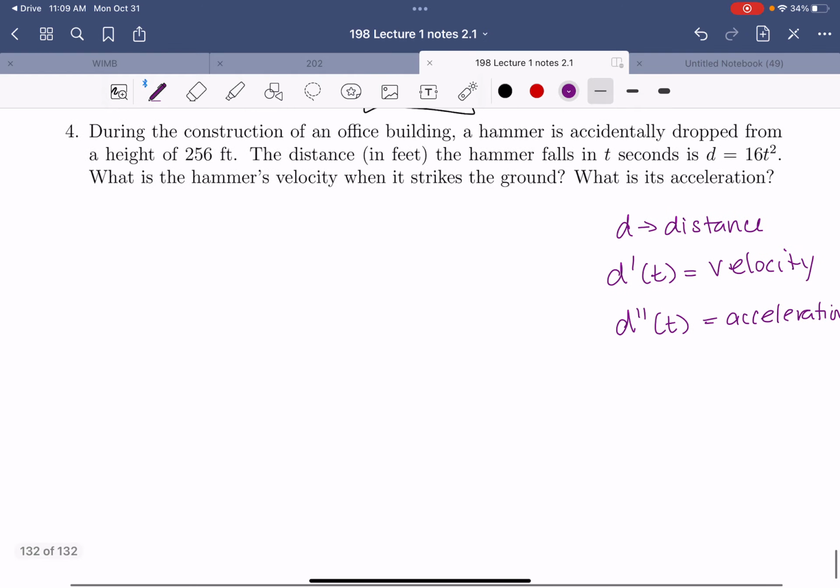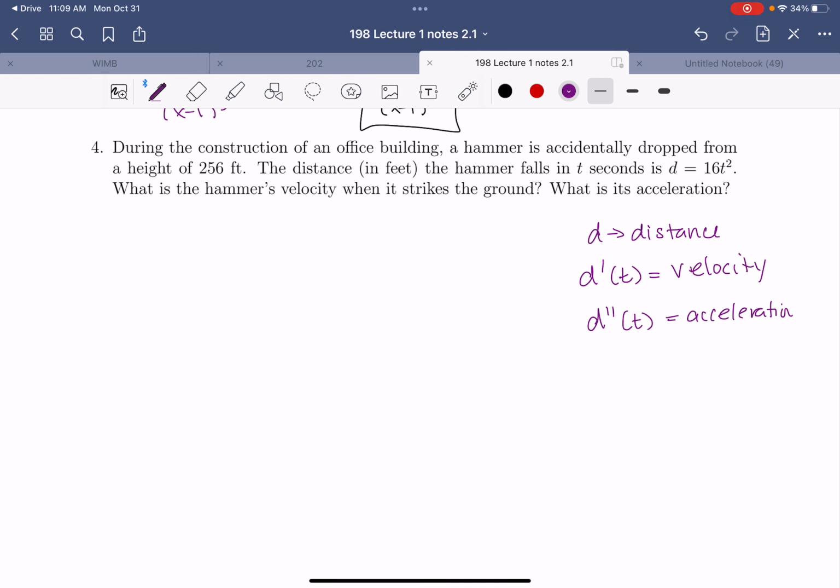So the first thing we need to know is how long until it hits the ground, right? Think about a picture here. This is starting at distance equals 0 at the top, and our hammer is falling a total of 256 feet. And we want to know how long that takes, first of all.